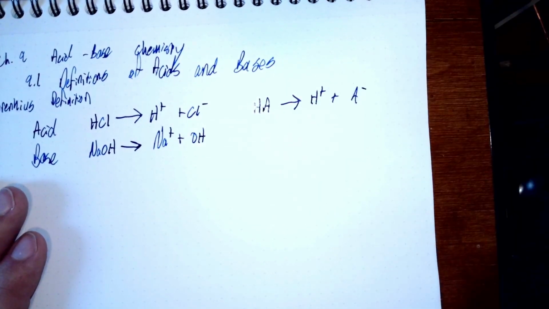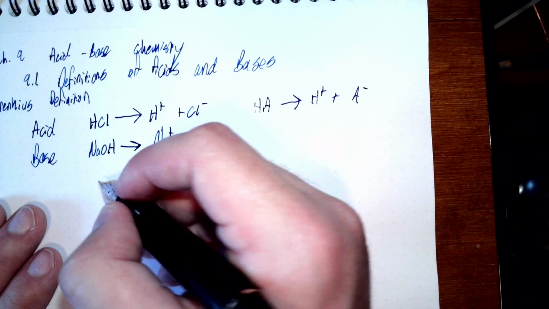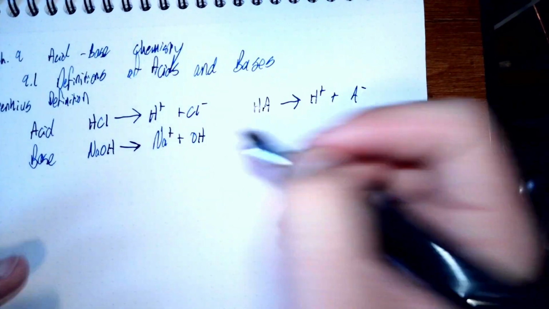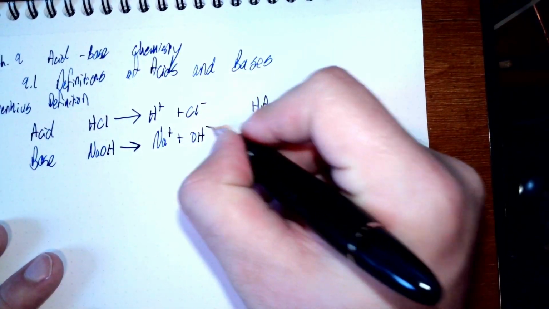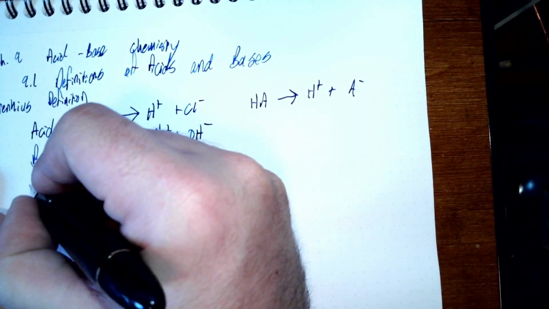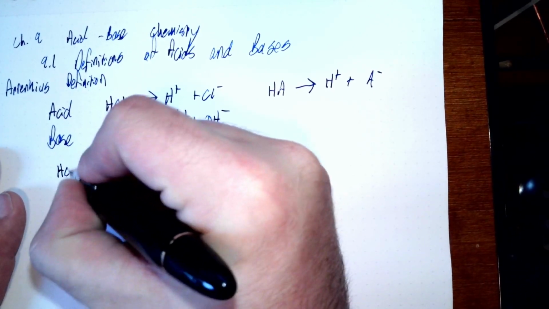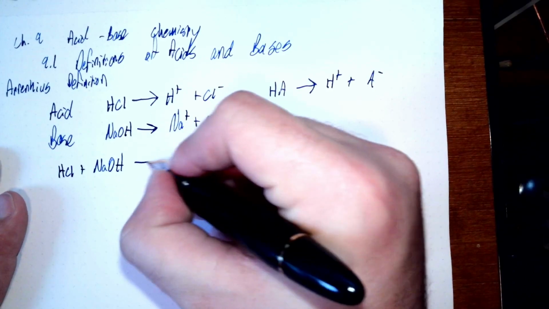We could genericize this to just say that a base dissociates, it breaks apart in water to give an OH minus ion.